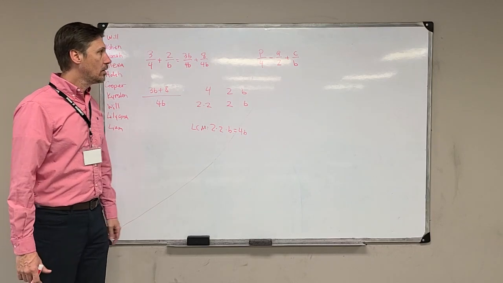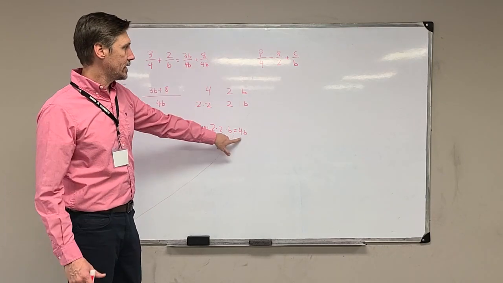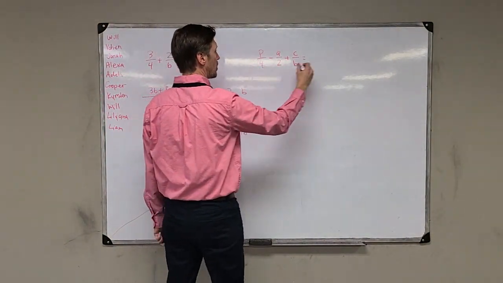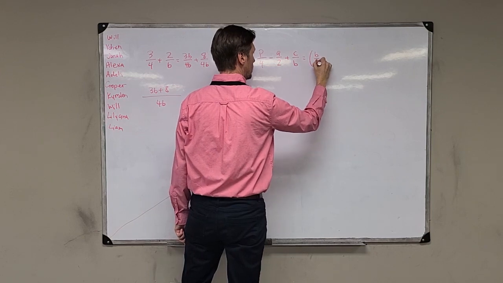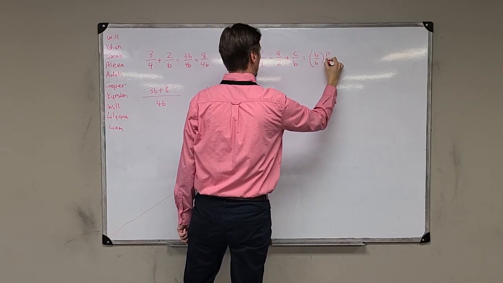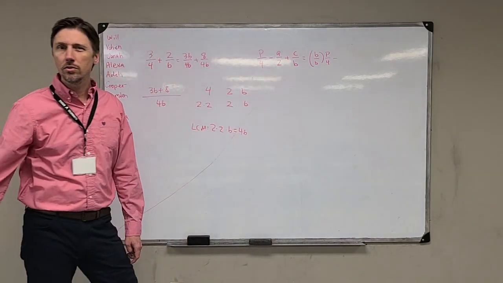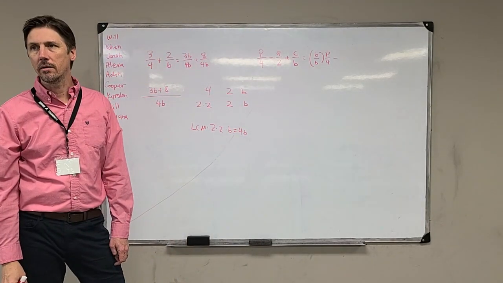All right, and so now I can turn each of these guys into 4b, right? By saying this term here, I'm going to multiply top and bottom times b. This term here, I'm going to multiply top and bottom. If it's got a 2, what do I need to multiply it by to get 4b?